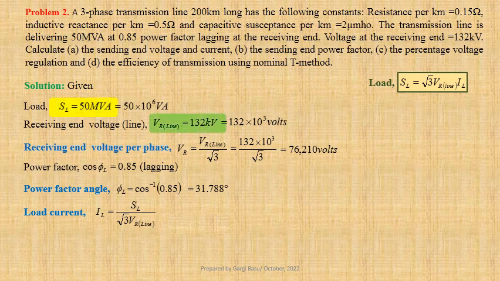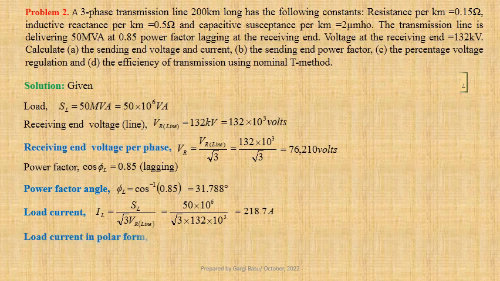Using values we get 50 into 10 to the power 6 divided by root 3 into 132 into 10 to the power 3. That gives us 218.7 ampere.